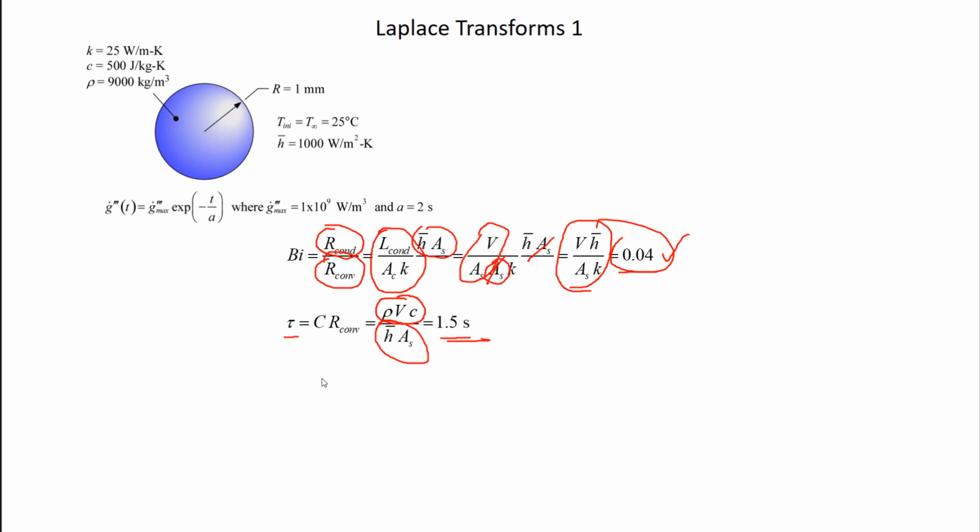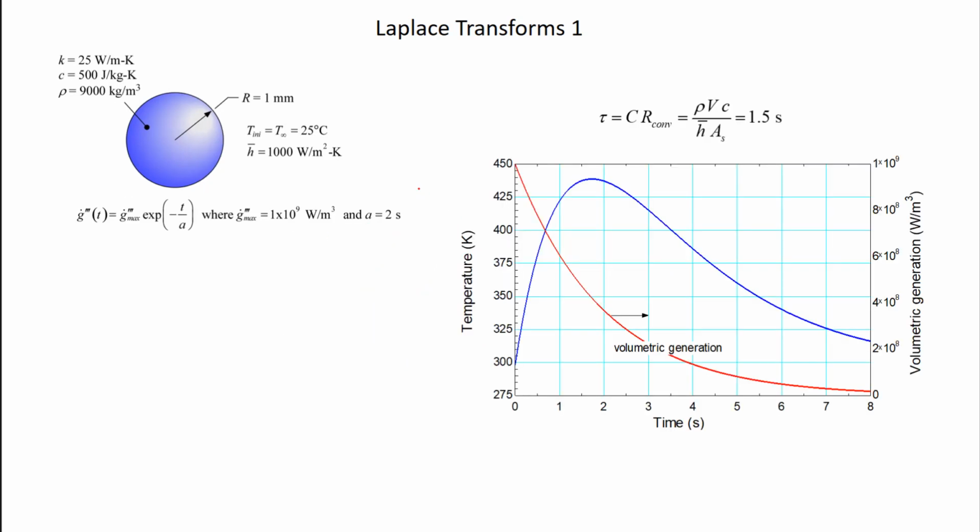So it's worth thinking about what the reaction of this object must be given this time constant right here. This is an interesting time constant because the size of the time constant, 1.5 seconds, and the length of the process, 2 seconds, are about the same, right? So you're going to get some interesting dynamics. This is the eventual solution that we'll get.